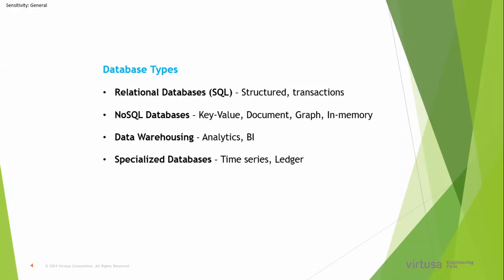And specialized databases, time series or ledger, are rarely used in general applications, but there are different types of databases in the market for specific functionalities. So based on the type of application you are going to build, you can choose databases. There are a lot of types in the market, so you need to understand these things when you move into your system development.